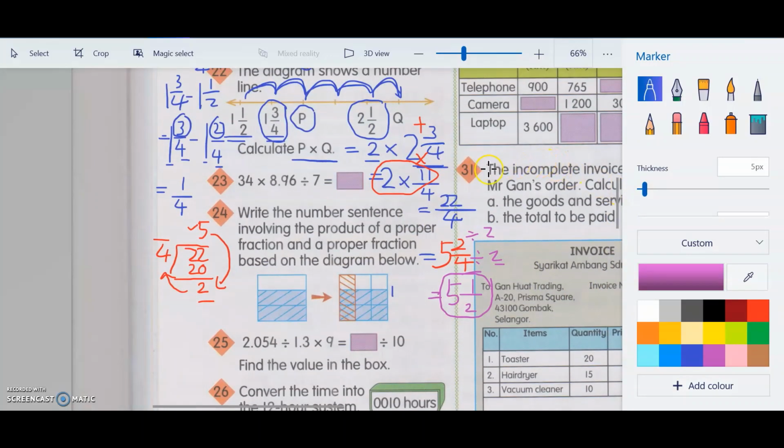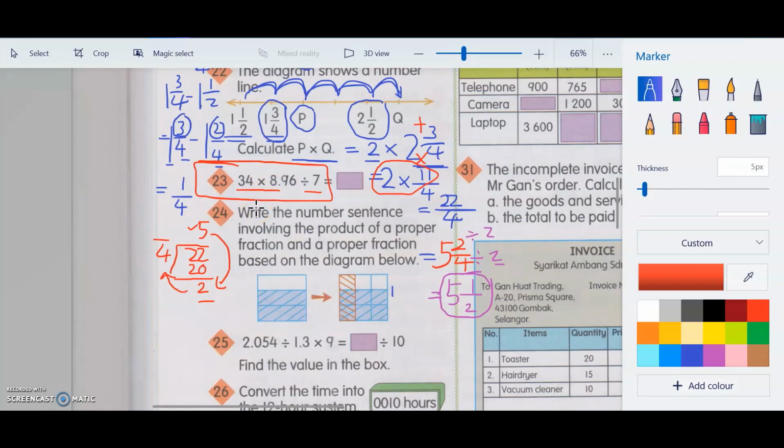Question 23. 34 times 8.96 divided by 7. So this one I won't show you anymore. I'm sure you can times, you can divide. You can times first and then you divide. The sequence doesn't matter because times and divide, they are the same.